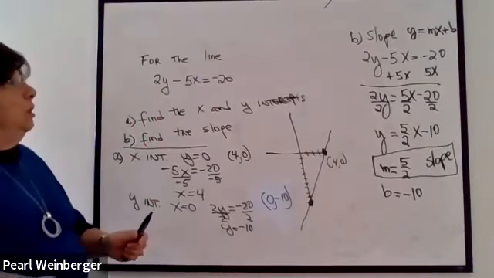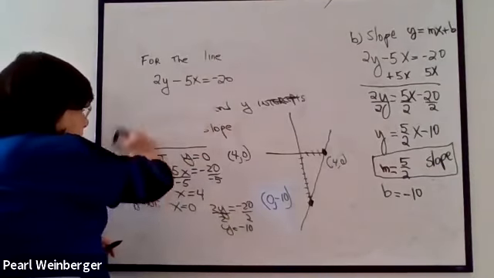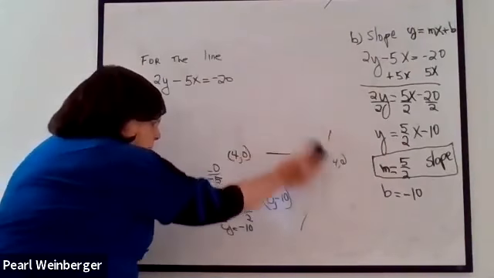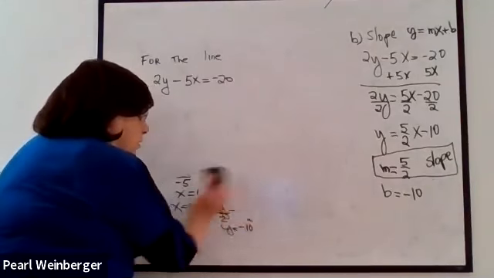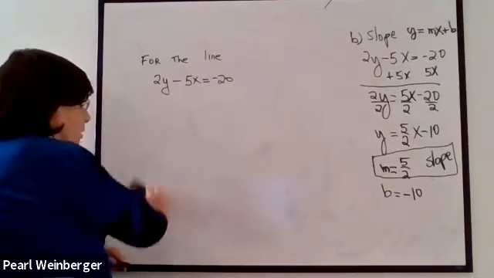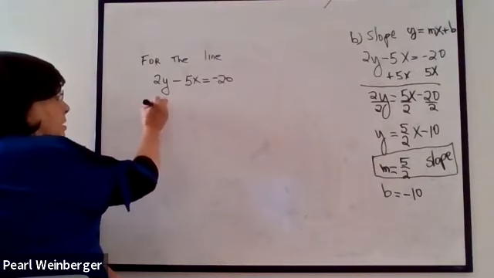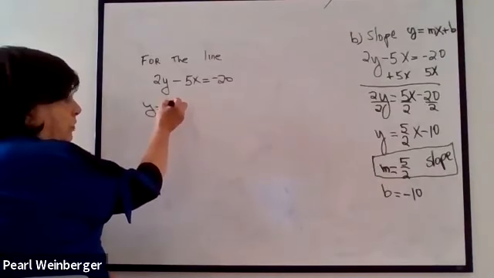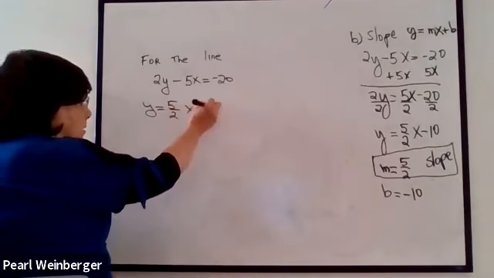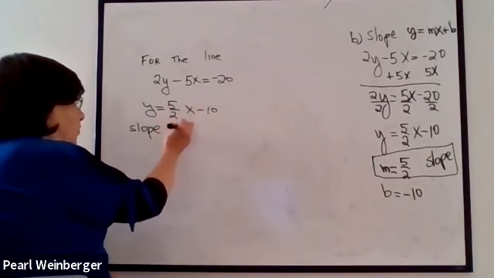Another thing we talked about is lines that are parallel and perpendicular. In this case, we had gotten the line equal to y equals 5 halves x minus 10. And we said that the slope is going to be 5 over 2.